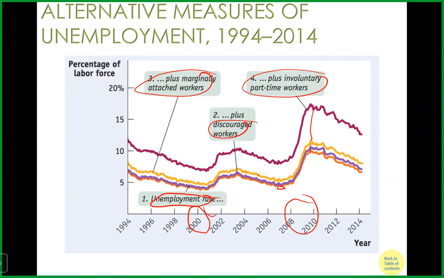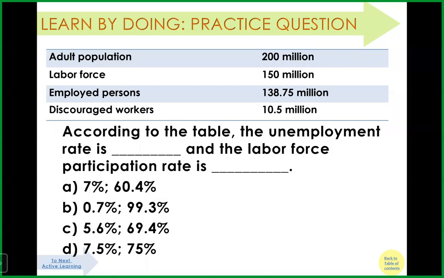All right. Okay, now let's look at another practice question. According to the table, what are the unemployment rate and the labor force participation rate? For the unemployment rate, you need to find the number of unemployed, which equals this number minus this number.